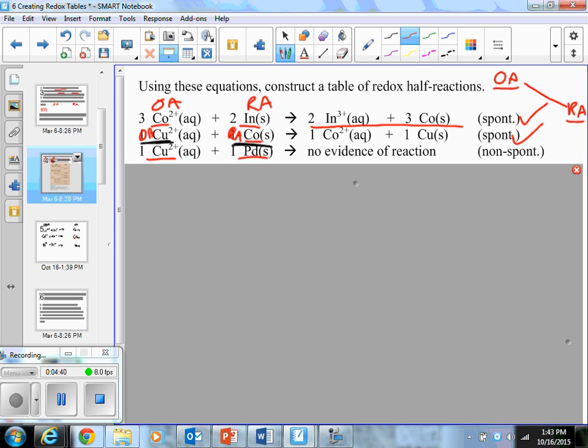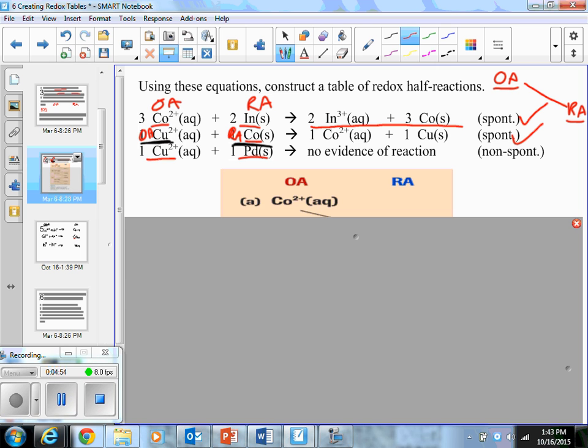This time they didn't even show what the products are because there weren't any. Okay, no reaction took place. It was non-spontaneous. So this means that the OA has to be below the RA for non-spontaneous.